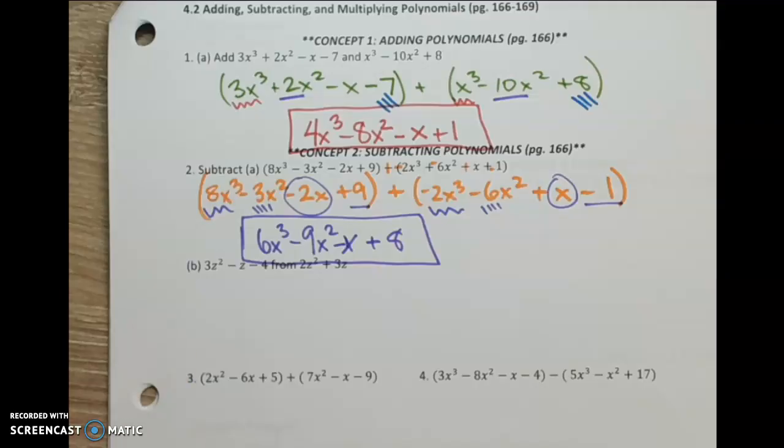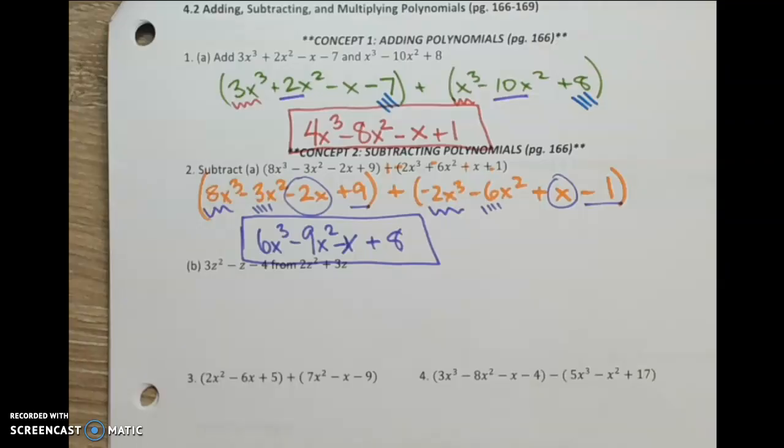Alright. Next one actually says we have 3z squared minus z minus 4 from, I can't see it, 2z squared plus 3z. Okay, so if this is the case, it's a little backwards, right?